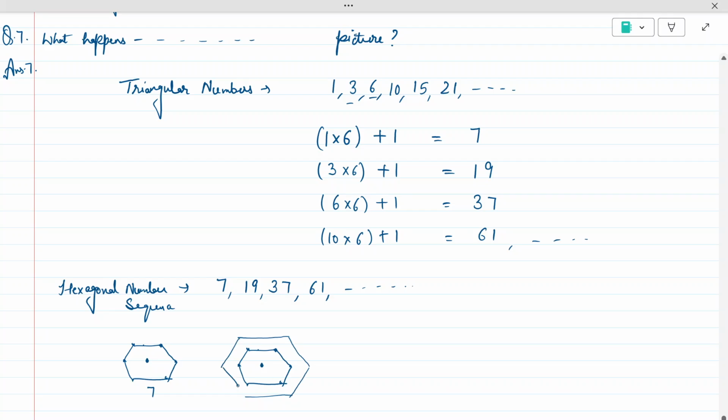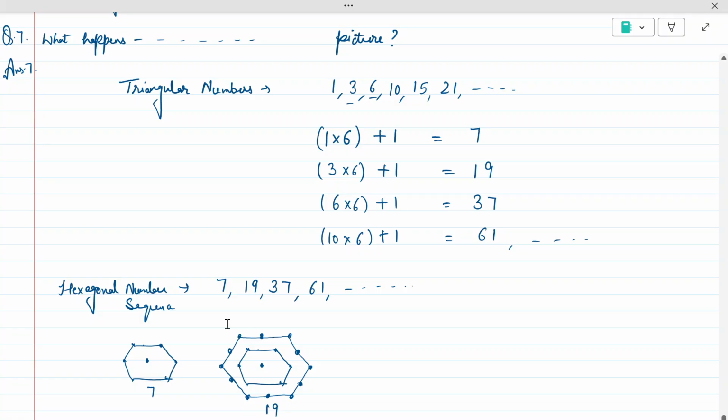Since we are adding another bigger hexagon with a difference of 12, this is 1 dot, 2, 3, 4, 5, 6. We have to add 12 dots. 7, 8, 9, 10, 11, and 12. So this is our 19.